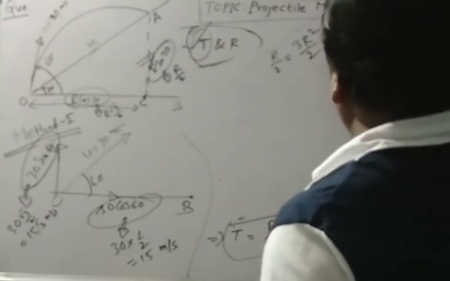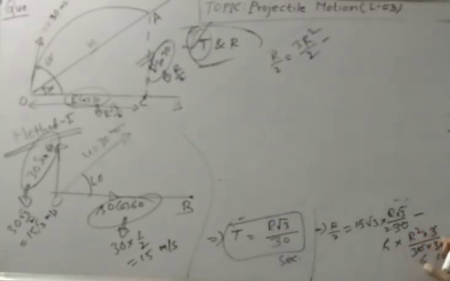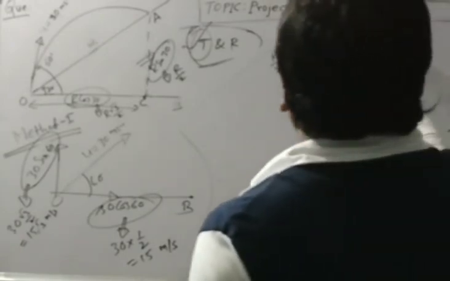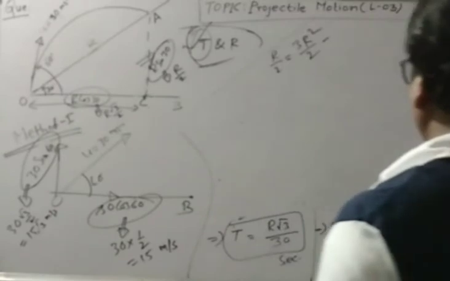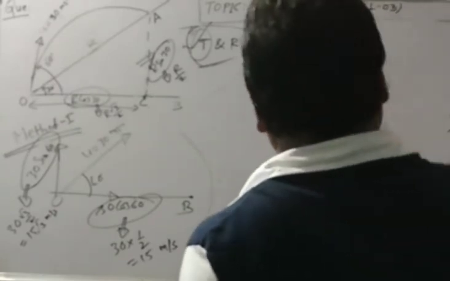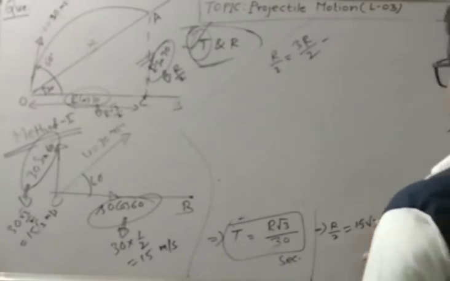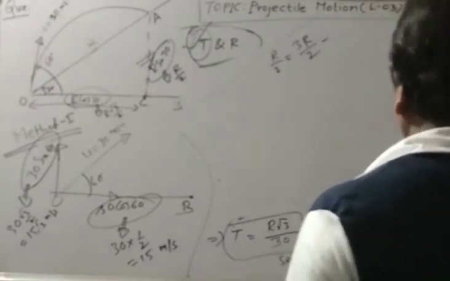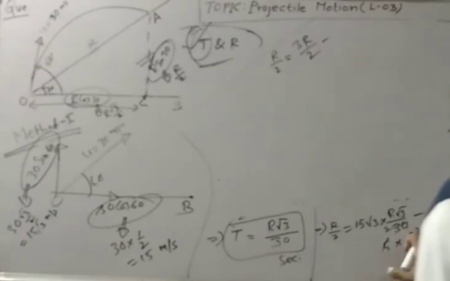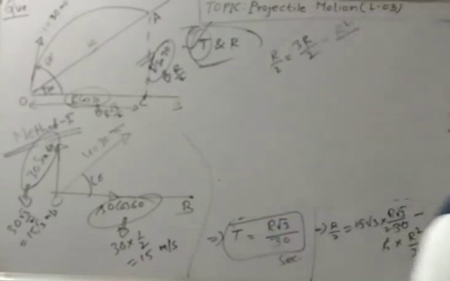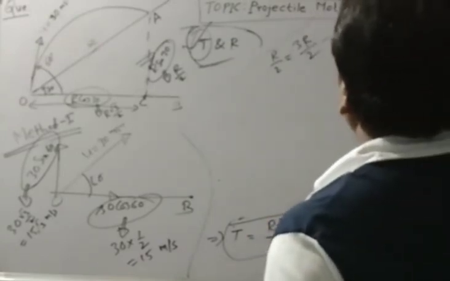So this is 3 by 2 R minus R square, and in the denominator it is 60 here.